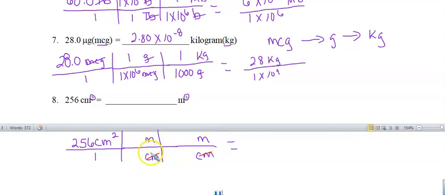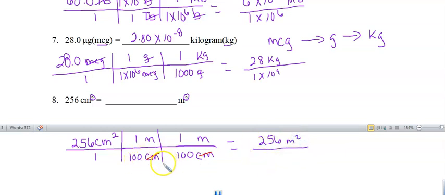Now we go to our conversion. This one's bigger. 1 of those equals 100 of those. Going to multiply across the top. Don't square it. No squaring. It's already been squared, so just 256 meter squared, because it's a meter times meter.